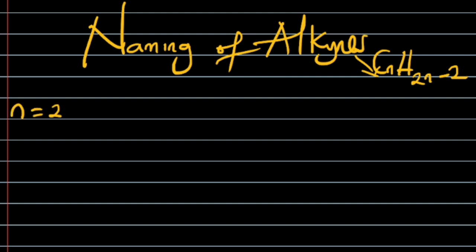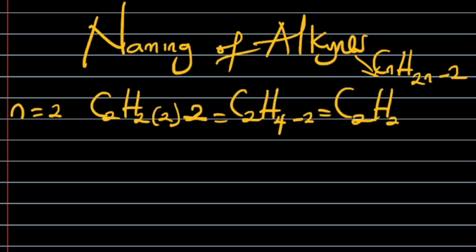If n is equal to 2, using this formula, we have C2H(2×2-2). 2 times 2 gives us 4, so C2H(4-2). 4 minus 2 gives us 2. So we have C2H2, and the name is ethyne.